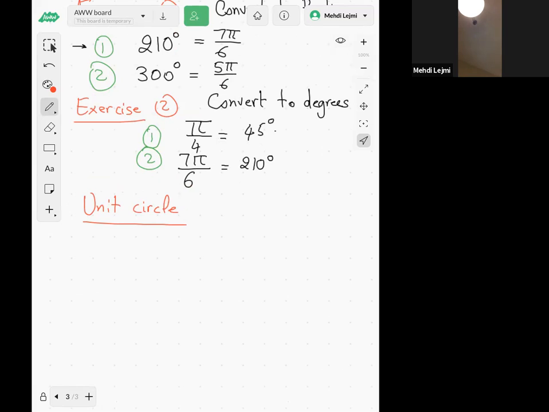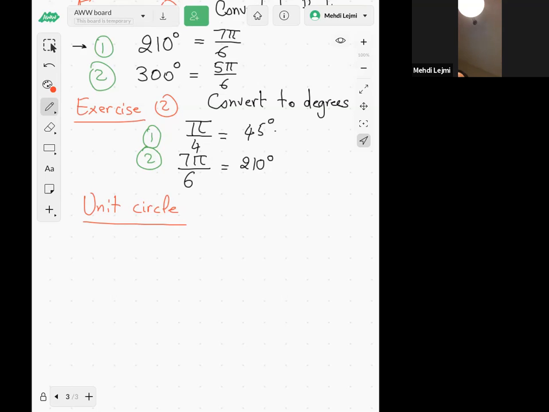I'm just going to briefly introduce the trig functions, and then tomorrow I'm going to continue with this, and hopefully I'll be able to cover at least one of the exercises in the review sheet.